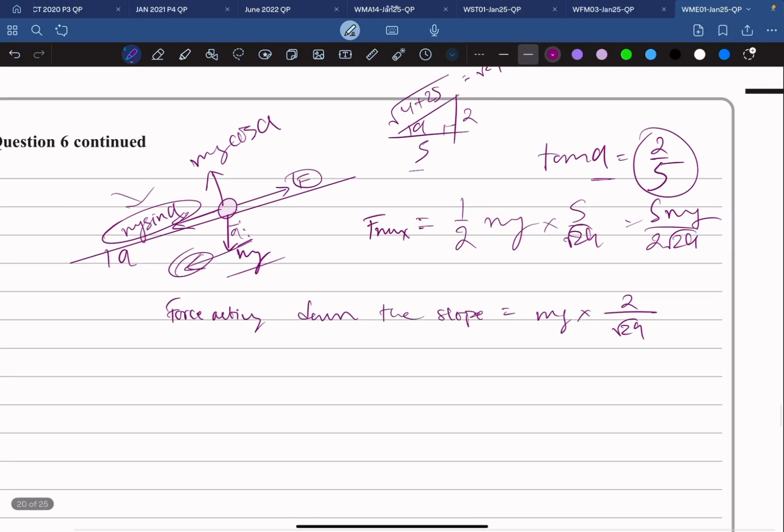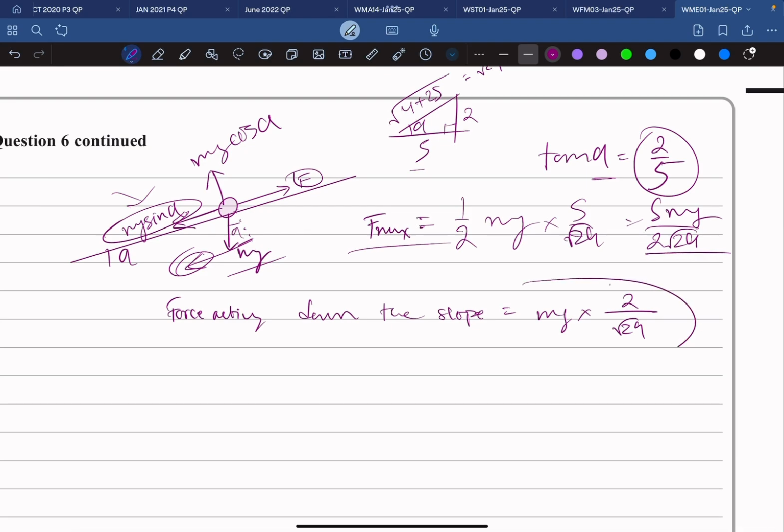Now you have to compare F max with this. This is 2 mg by root 29, and this is 2.5 mg by root 29. So F max is greater than 2 mg divided by root 29.